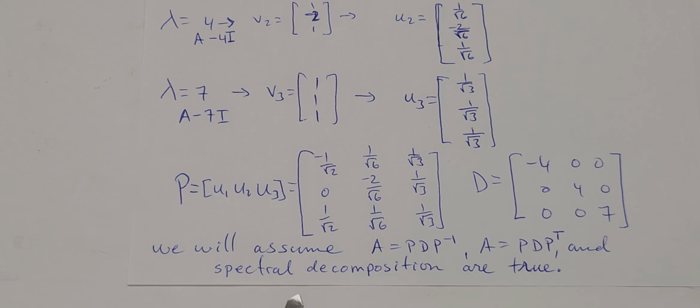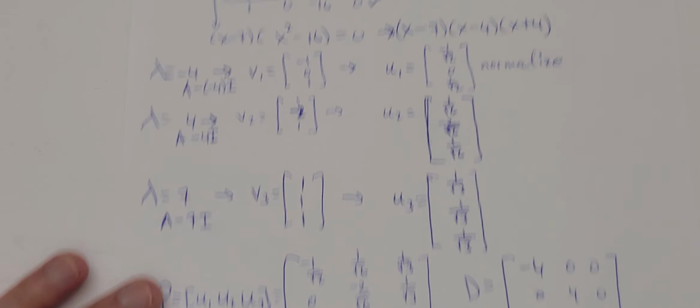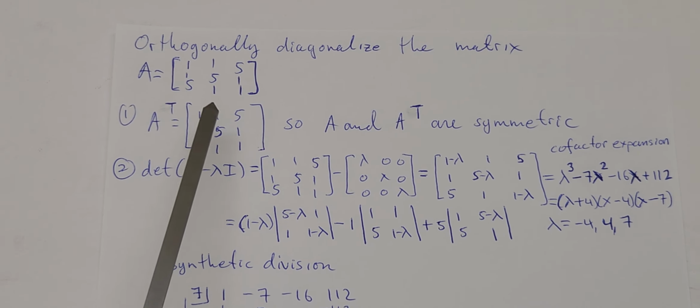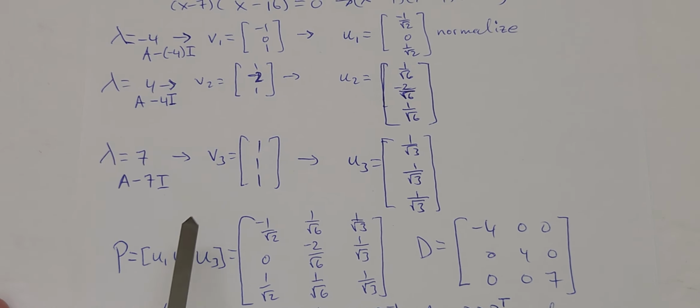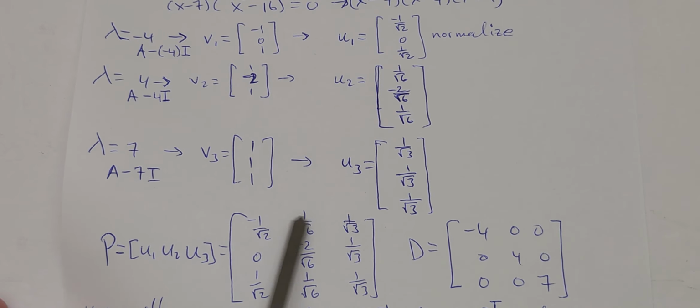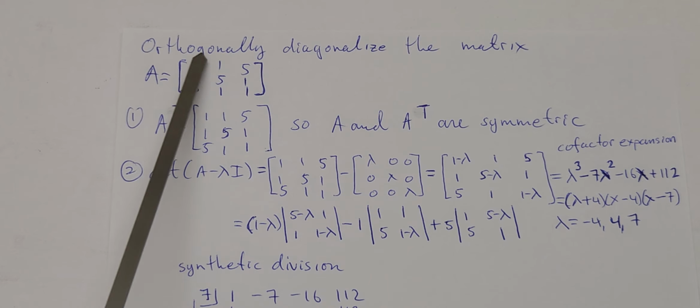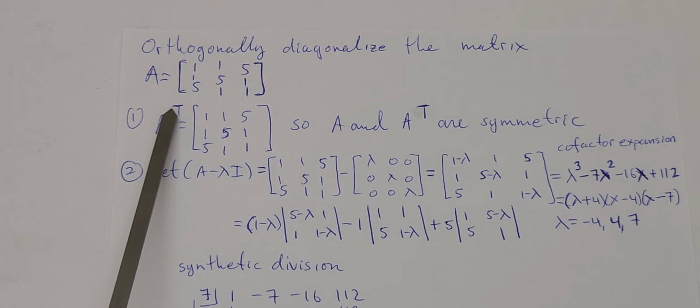So all three methods, we'll just assume that it is true for now, just to save recording time. So this is the answer that we are looking for to represent A. This right here is the orthogonal diagonalized matrix that satisfies this matrix A.